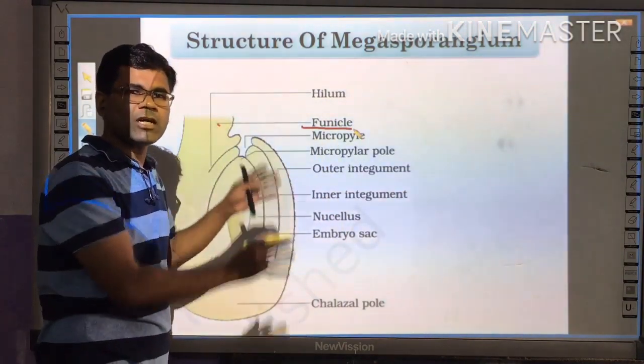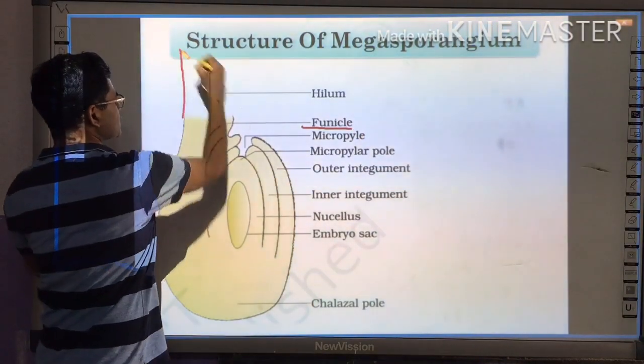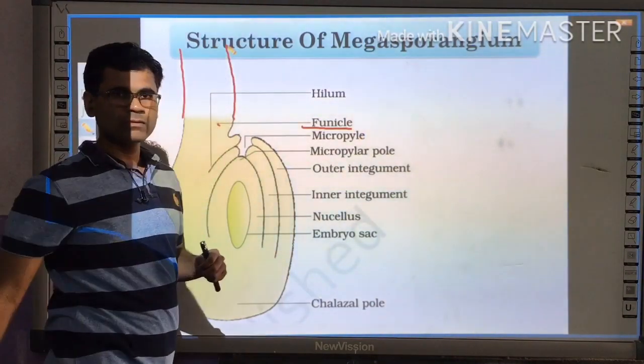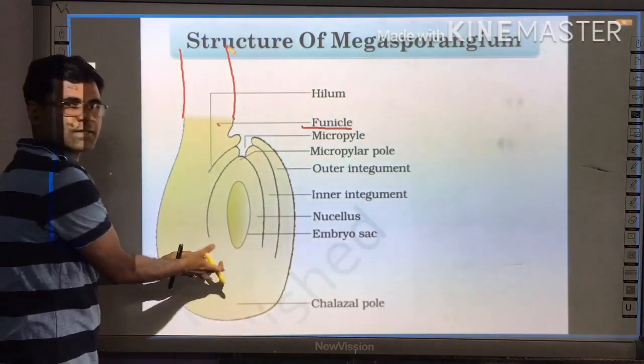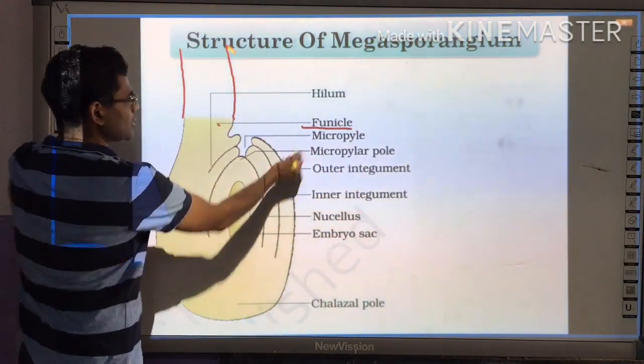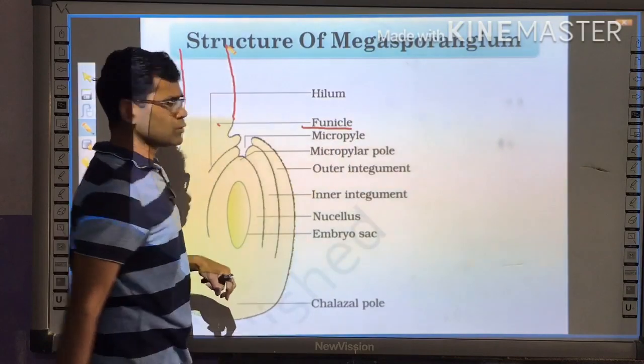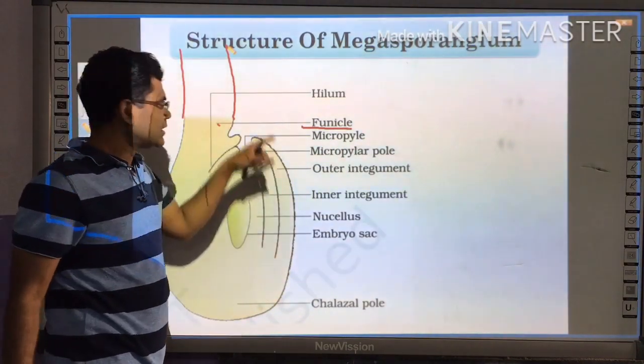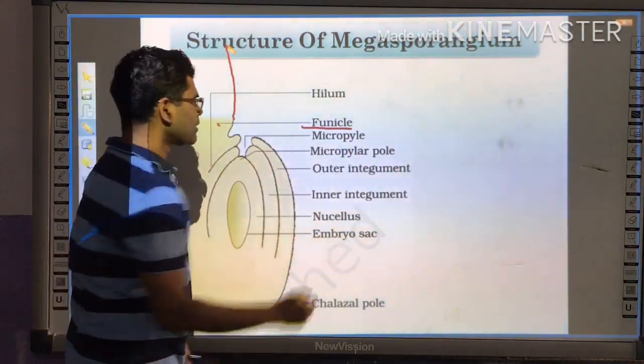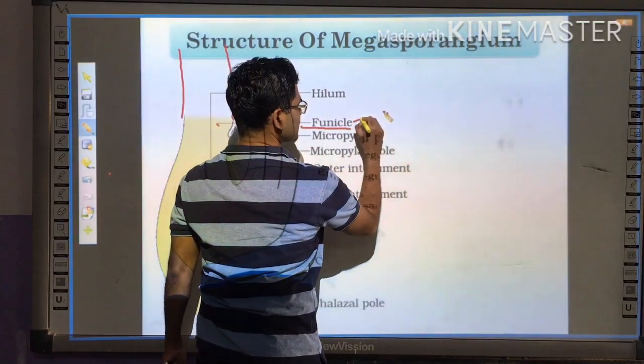So the funicle is a long stalk. This stalk will go something like this. This whole structure is the ovule, and this ovule is connected to the main part through the funicle.